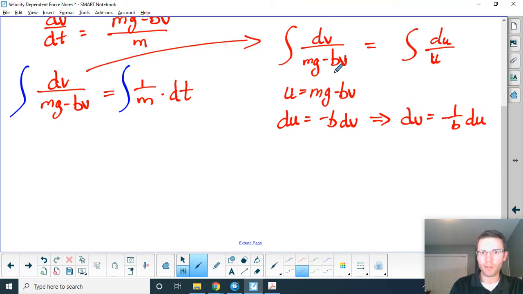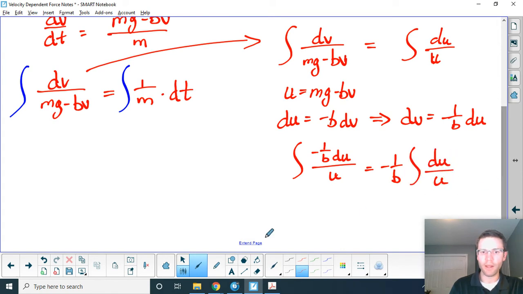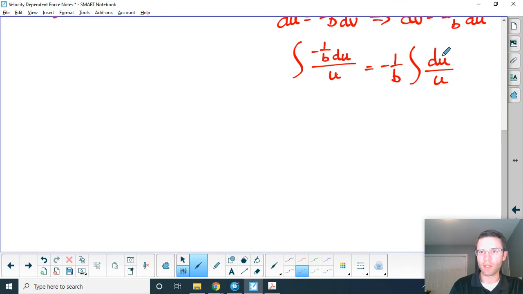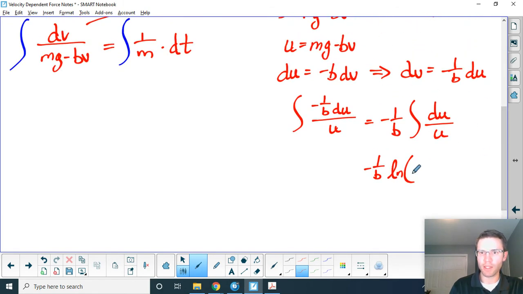My u will be substituted in down below, and I get the integral. dv is negative 1 over b du over u. I can bring my constant out, negative 1 over b times the integral of du over u. And this would give me natural log of u. So the answer here is negative 1 over b natural log of u, and u is mg minus bv.